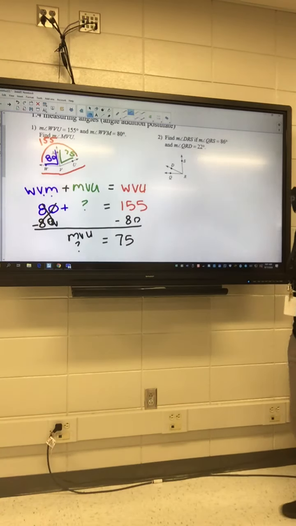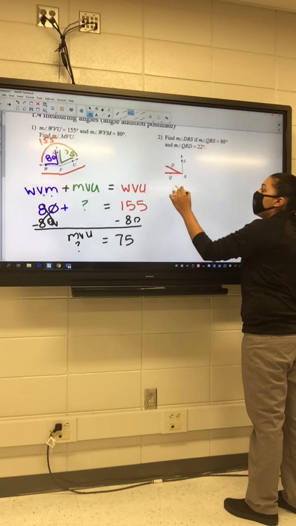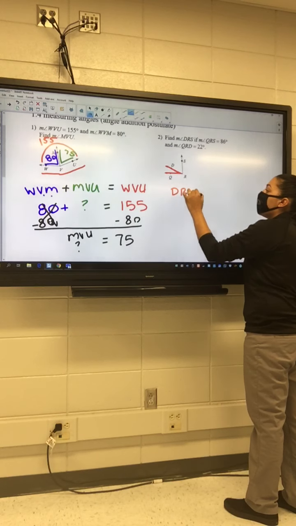Okay, so let's look at the other one. Before we even look at the problem, let's set it up. What is one of my little angles? DRQ. So I got DRQ, that's one of my little ones.